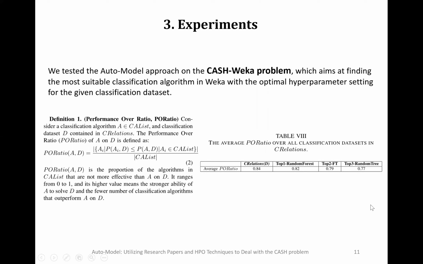And the final experimental results show that the algorithm recommended by our decision-making model exceeds over 84% of classification algorithms in Weka, which is better than a single classification algorithm in Weka.